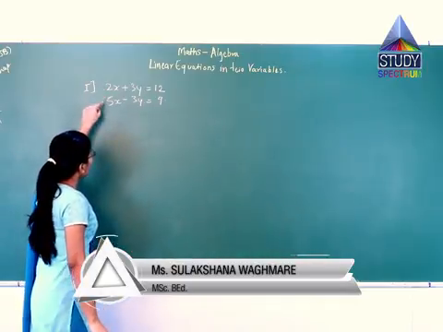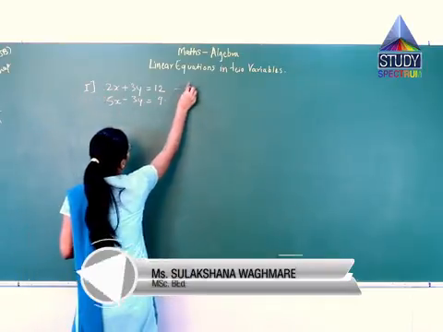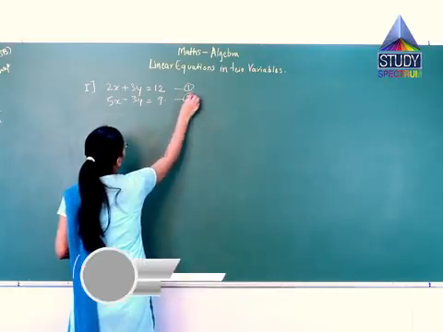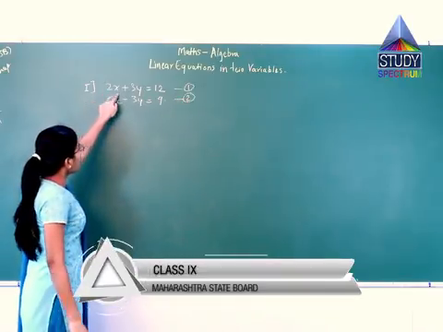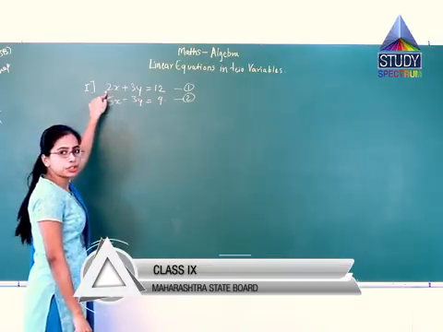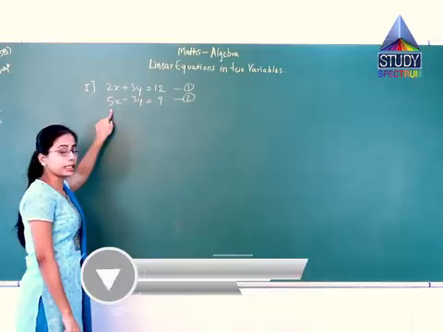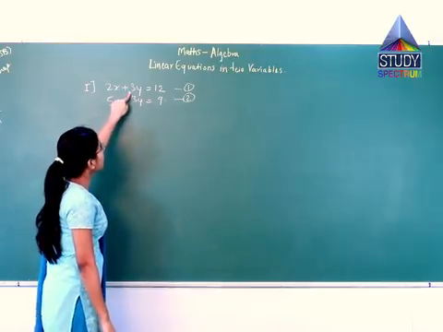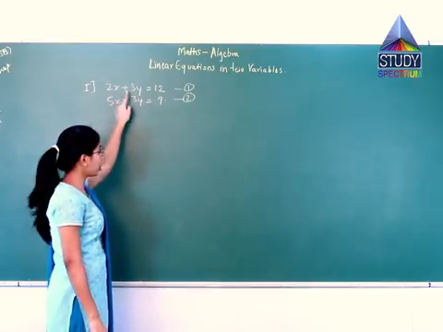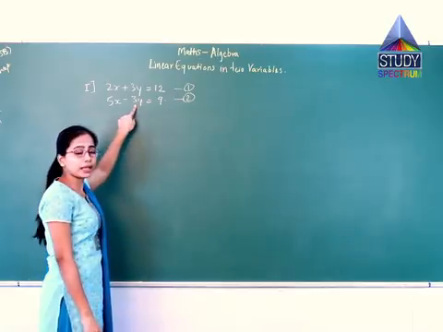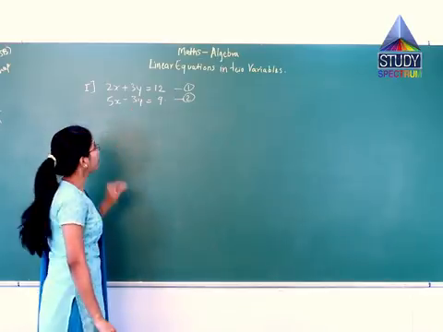Now let's have a look. Suppose this is my equation number 1, equation number 2. For x, in the first equation 2 is the coefficient and 5 is the coefficient in the second equation. Here you can see y has plus 3 coefficient in the first equation and minus 3 coefficient in the second equation.